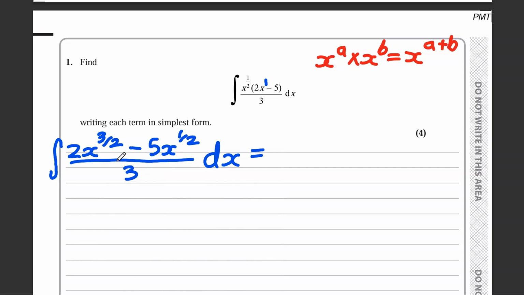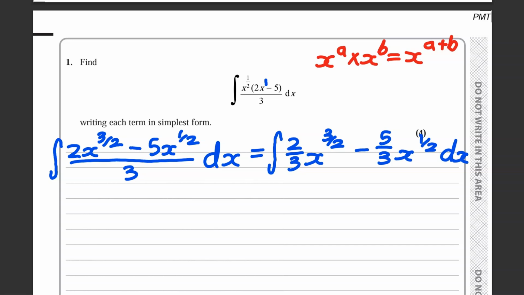So we can split this up and individually divide these two terms by the 3 in the denominator. So we can write this as the integral of 2 over 3 x to the power of 3 over 2 minus 5 over 3 x to the power of a half, dx.